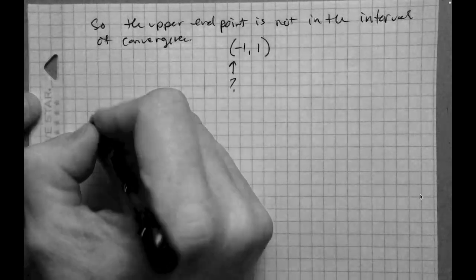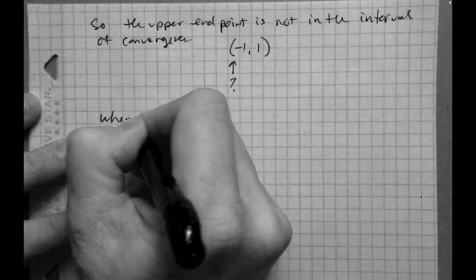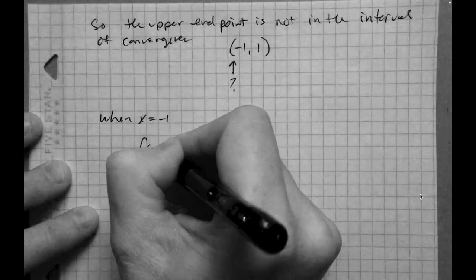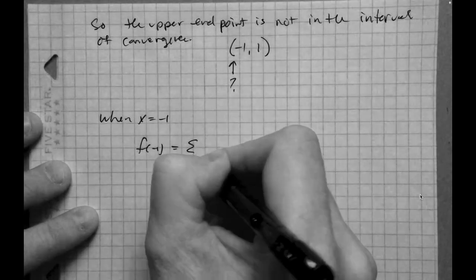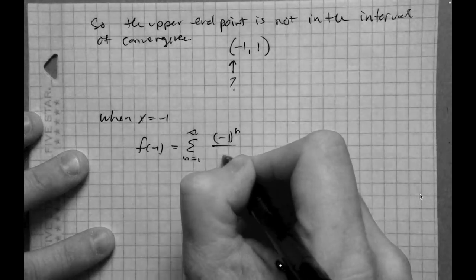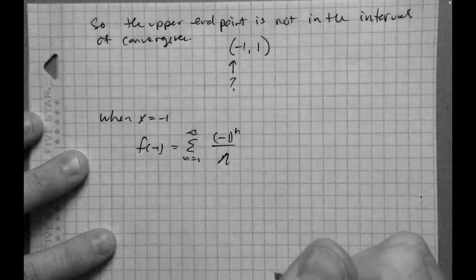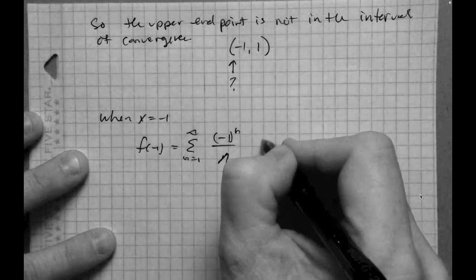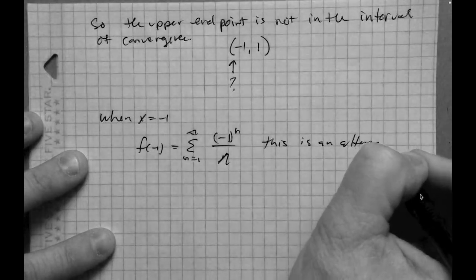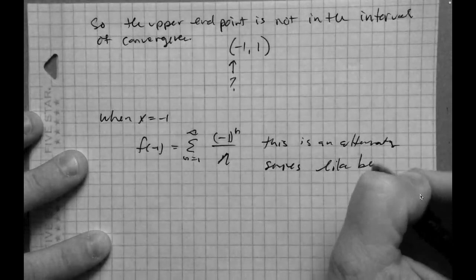So for the lower endpoint, when x equals -1, f of -1 would be the sum from n equals 1 to infinity of -1 to the n over just n. And so this is an alternating series, like before, basically.